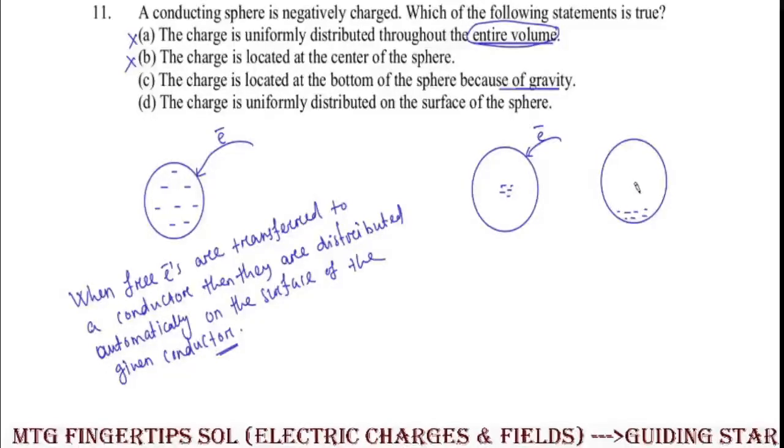Clear? ये इसलिए नहीं होता है क्योंकि even though electrons are material particles, their mass is negligible, that means 9.1 into 10 to the power minus 31 kg. क्लियर? बहुत ही कम है। तो ग्रेविटी तो एक्ट करेगा लेकिन वो नेग्लेक्ट कर सकते हैं हम उसको। क्लियर? तो ये भी नहीं होगा। क्लियर? एंड चार्ज इज यूनिफॉर्मली डिस्ट्रीब्यूटेड ऑन द सरफेस ऑफ द स्फीयर, सो दैट विल बी द करेक्ट वन। सरफेस में यहाँ पे डिस्ट्रीब्यूट होता है.